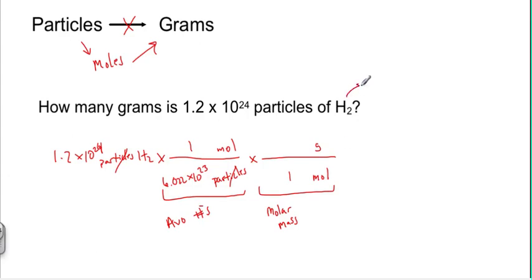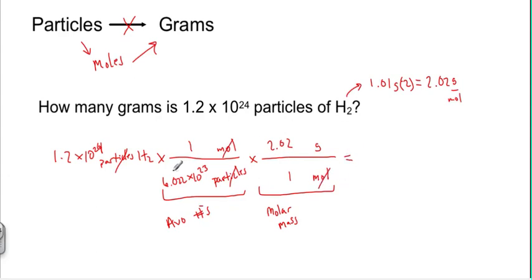And so what I need to do is go to my periodic table, and what I find is that hydrogen by itself weighs 1.01 grams, and H2 is, well, 2 hydrogens, so we're going to multiply that by 2. And so my answer for molar mass should be 2.02 grams per 1 mole. And so that's what I'm going to put right here, 2.02 grams per 1 mole. And so now my moles can cancel out.